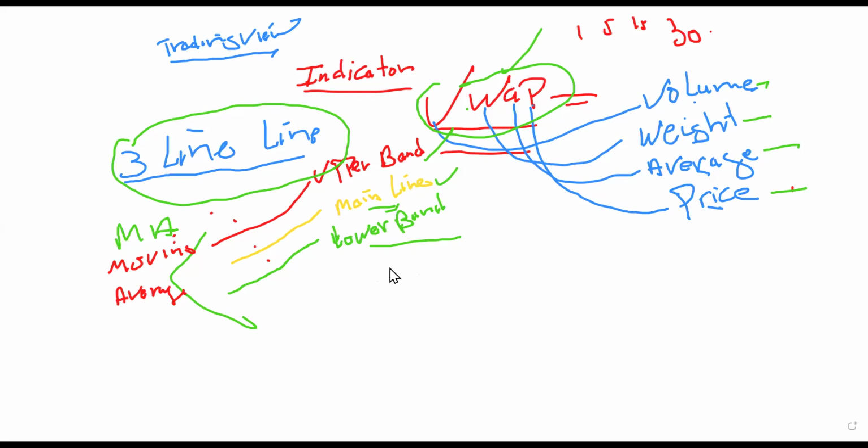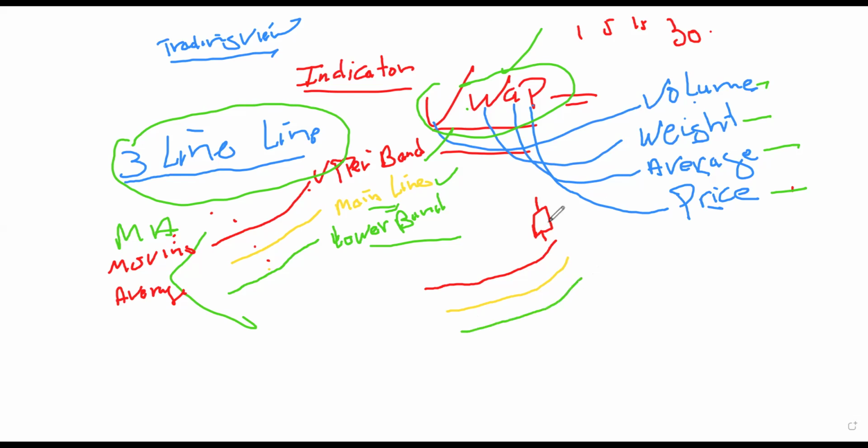Now, for instance, say you have a chart. The first is the upper band, whenever the price is above it. That's a candlestick. You have a candle, and you have the upper band. Now we create the main line, put the main line there, and we have the green line, which is the lower band.